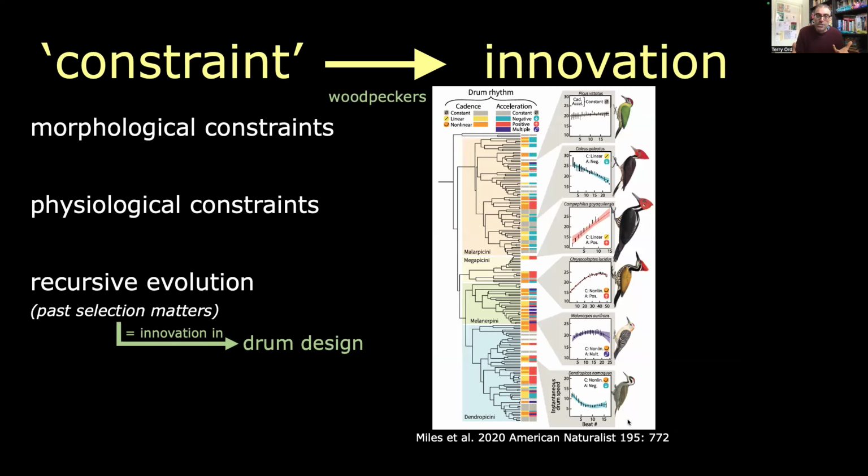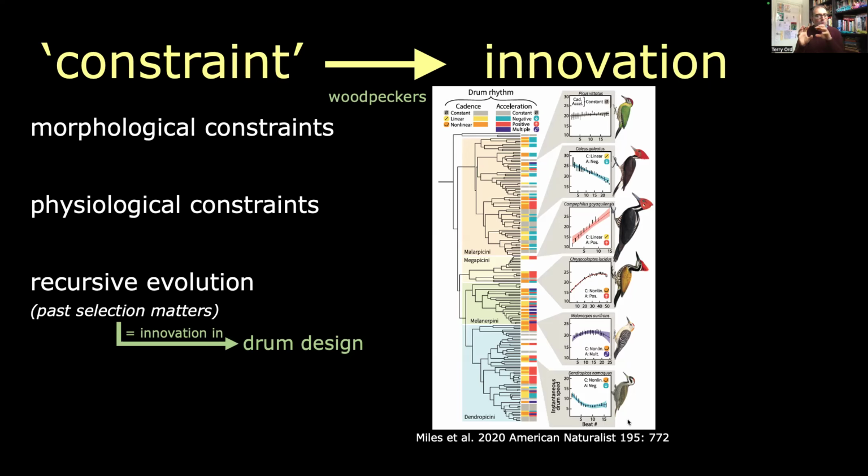This notion of recursive evolution, this is in essence that past natural selection or sexual selection will dictate the evolutionary trajectories of lineages that descend from that ancestor. Woodpeckers are a wonderful system, so they use the drumming to communicate to one another. And sexual selection has selected for different types of rhythms for the drumming.